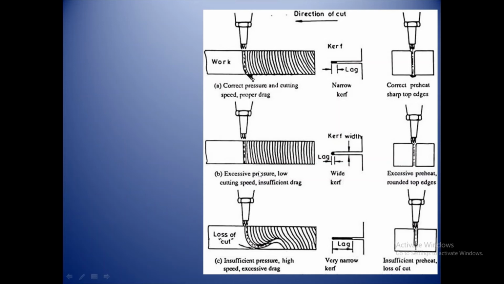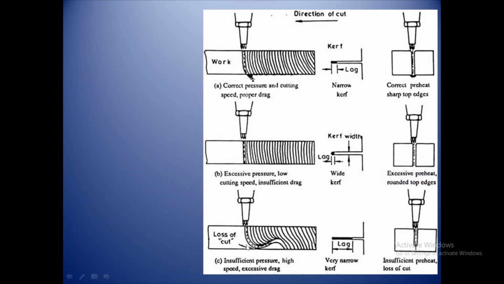But if excessive pressure and low cutting speed are used, then what will happen? There will be insufficient drag, and in the second image, which is the top view of the cut portion, the curve width will be more, which is also not desired, because lots of metal will be lost. And this is the case of insufficient pressure and high speed.